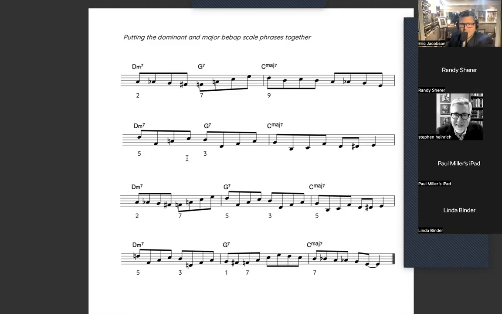I can do that, but I need to connect. What's the note I'm going to go to? Well, it looks like I go to the 5th of C major, and here's a one measure segment, or an idea to play in C major, and that's the special 5th inversion, enclosure to the 3rd. Put that together, and here it is.